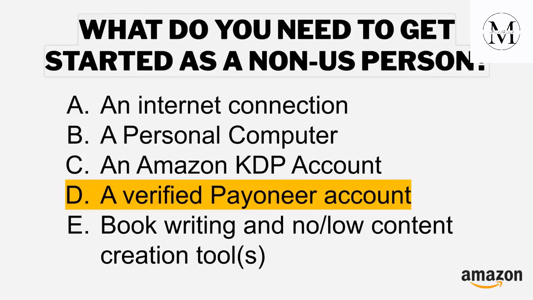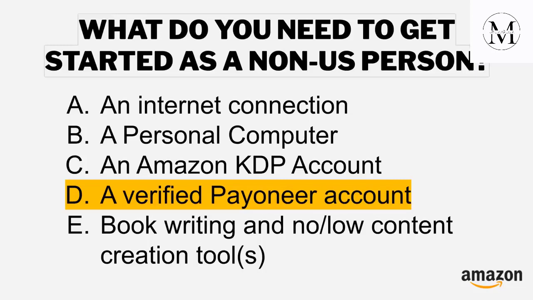The dollar account you create in Nigeria or in Pakistan or in Ghana or in Zimbabwe, you can use it to receive money from other sources, but it will not be accepted on Amazon because it was not created in the US. The country of creation of that account matters a lot.